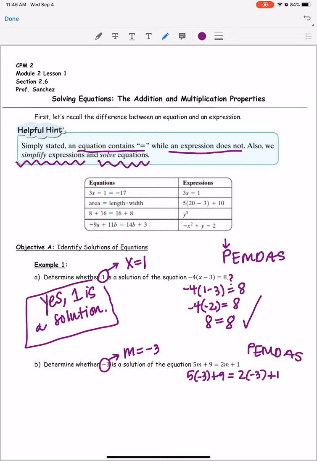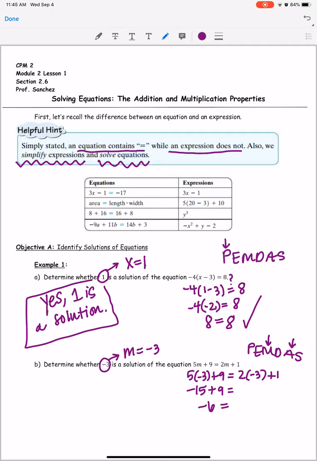On the left here, we need to multiply first, then add. So 5 times -3 is -15. Bring down your plus 9. And then -15 plus 9, different signs, so you subtract and keep the sign of the bigger one. Gives me -6.